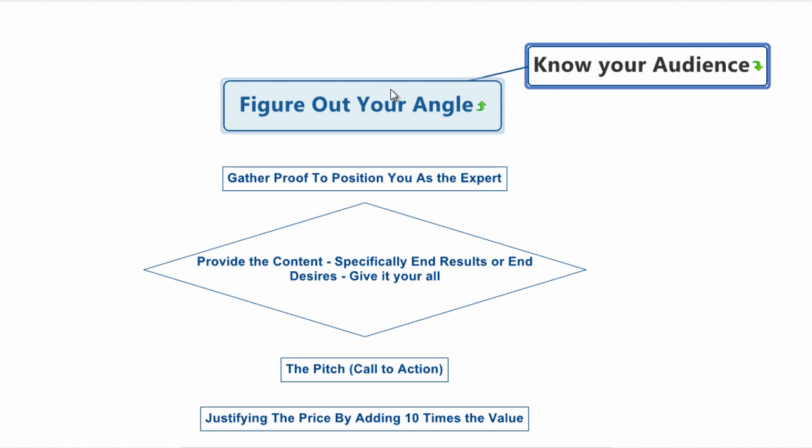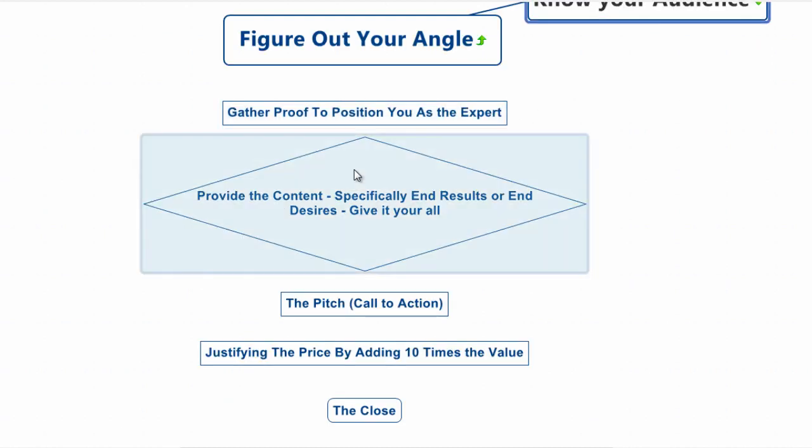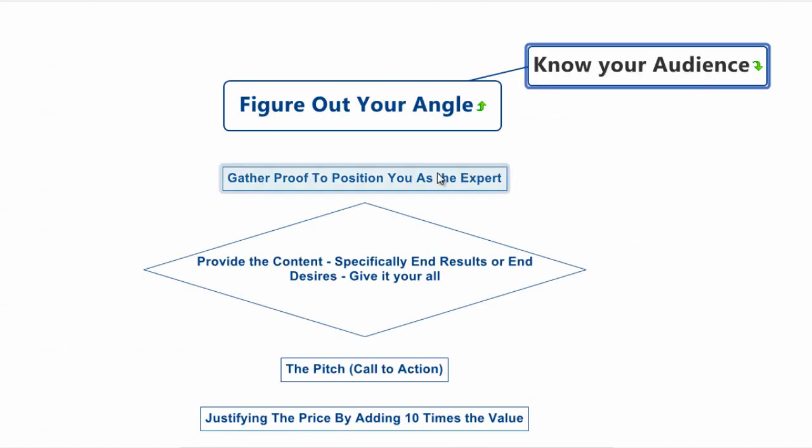Once you have found your angle and the audience objections and desires, you want to take these two items and apply them to this, and this. So you don't want to just go all in and talk about you as the expert unless it helps remove those objections and get closer to those desires and end results.